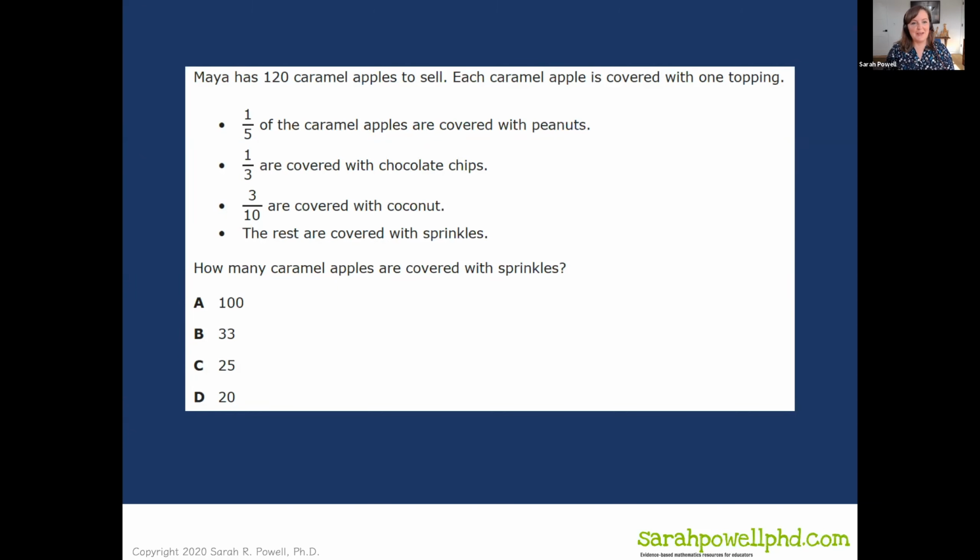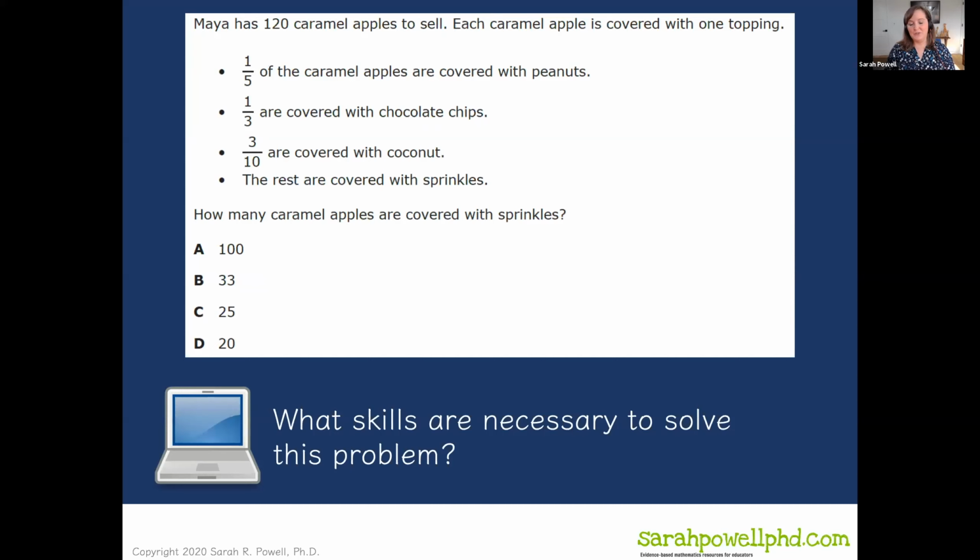Because we only have an hour today, I'd like you to think about what some of the skills necessary to solve this problem are. You don't need to put them all in the chat box, but just give me one or two. What are some of the things that students need to be able to do or need to know in order to solve this word problem? Dana talks about reading. Christine talks about adding fractions. That's correct.